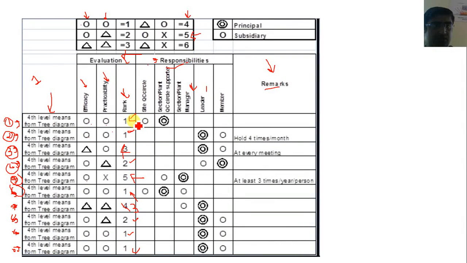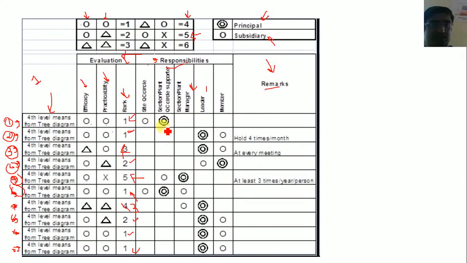So how can we assign this task? Here are the further values of responsibilities. So say this task is assigned to the circle operator, or you can say here is the principal authority, and here is the subsidiary authority.